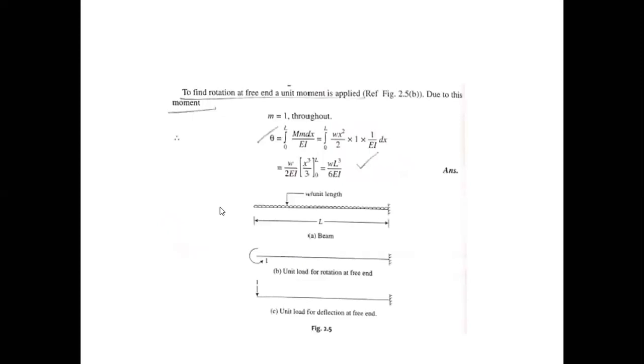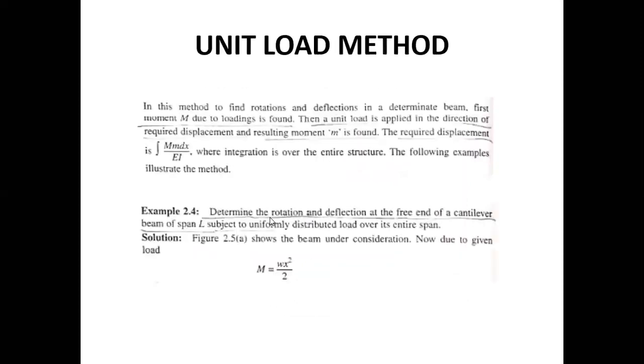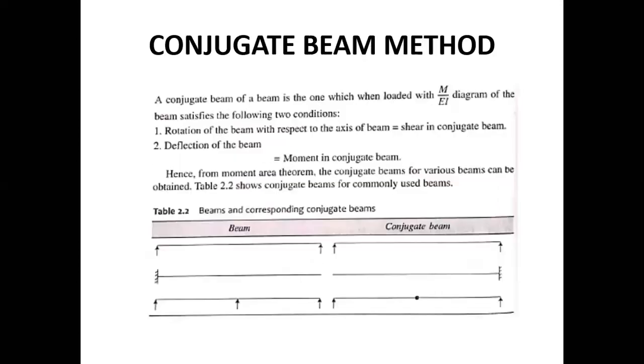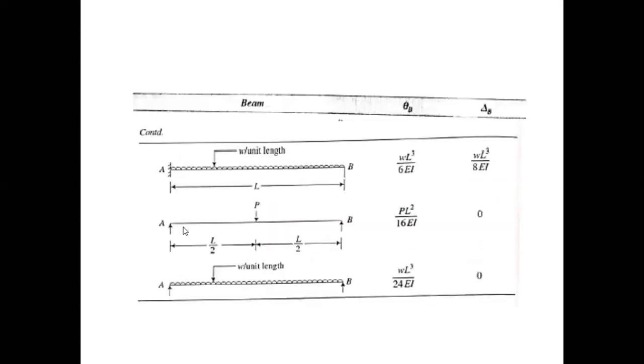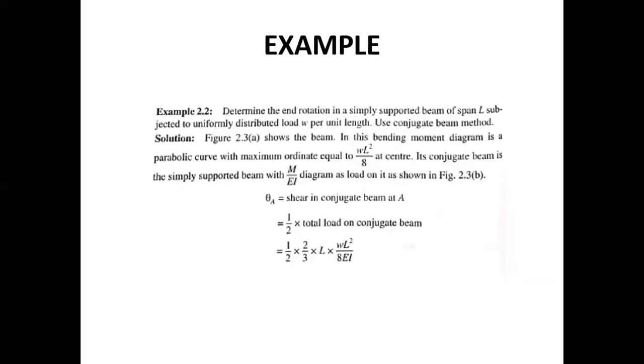This was again a standard case, so you can compare it with the previous standard cases. For a cantilever beam carrying a UDL on the whole span, wL4 upon 8EI is the deflection, and wL cube upon 6EI was the slope or the rotation.